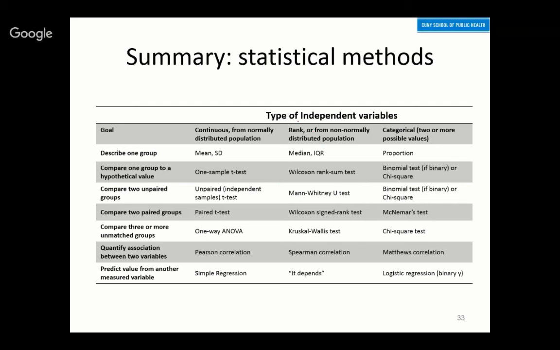And so, for example, this is what we focus most of our time on, with a continuous, normally distributed independent variables. Describe one group using its mean and standard deviation, compare one group to a hypothetical value, the one sample t-test. But this table is nice.